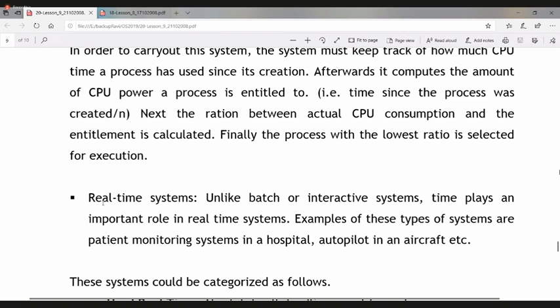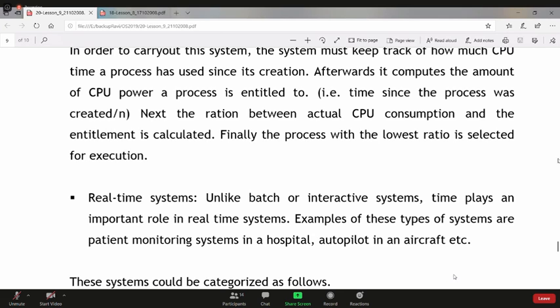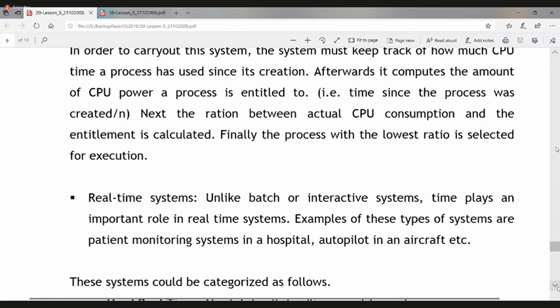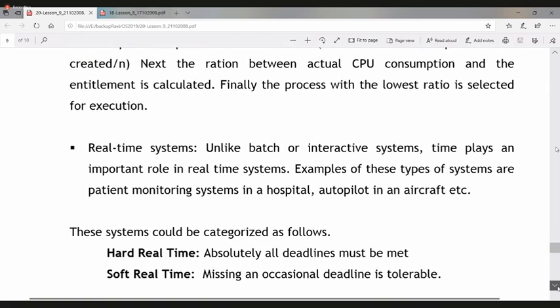So these are known as real-time systems. But with the other two, you can allow a process to wait. Here you can't allow an important process to wait. Okay. So keeping that in mind, let's see what kind of algorithm.